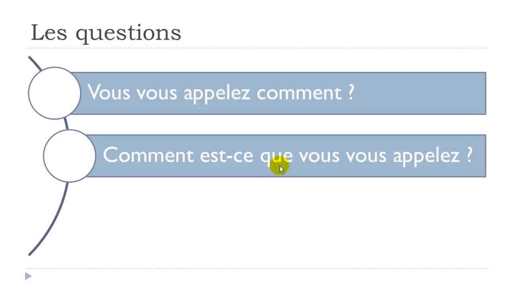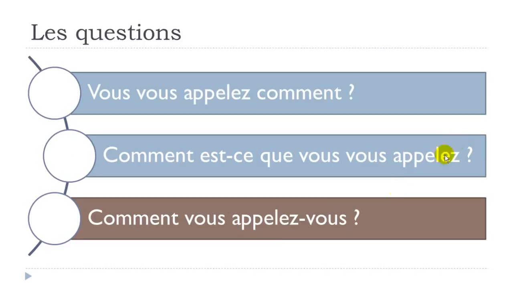If you want to use it, it's an option. If you don't want to use it and you want to use a less formal way of asking a question, I would advise you to use the first one. But then it's possible. So, comment est-ce que vous vous appelez? Comment est-ce que vous vous appelez?